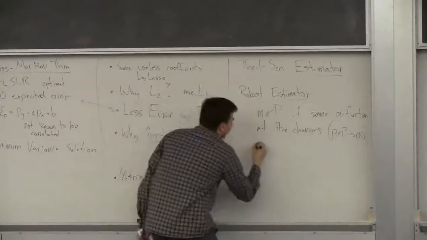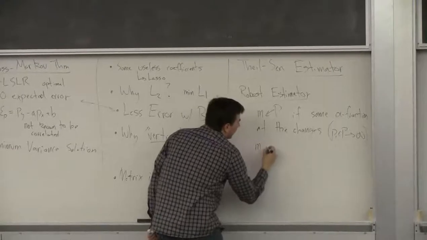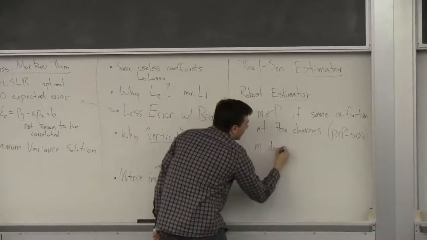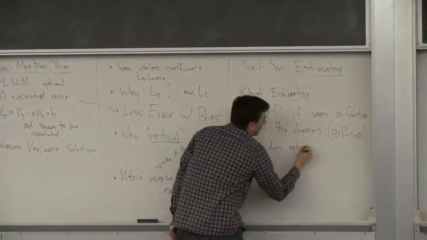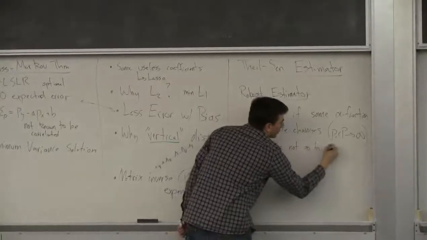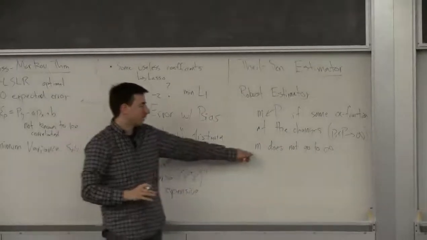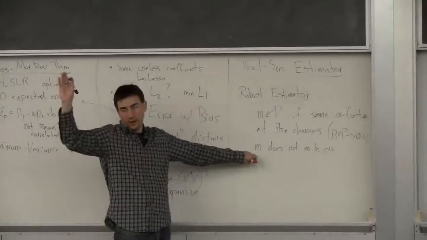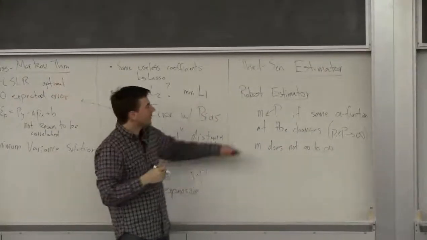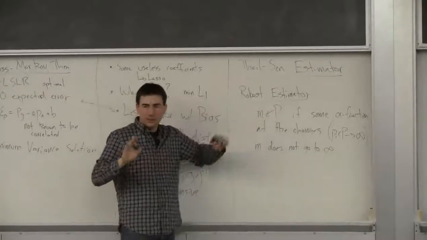Then I want to say that M does not go to infinity. I can't have my estimator move arbitrarily far away. I want it to stay within the rest of the data.